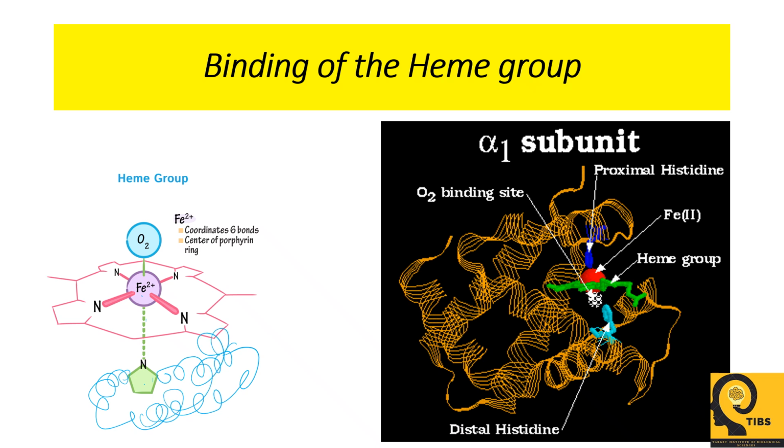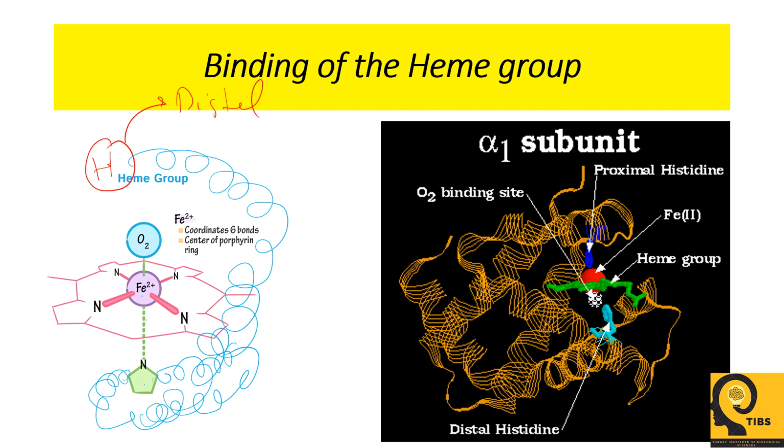Because of the folding, there is another histidine present here, which is called the distal histidine. This distal histidine stabilizes the oxygen with the iron.